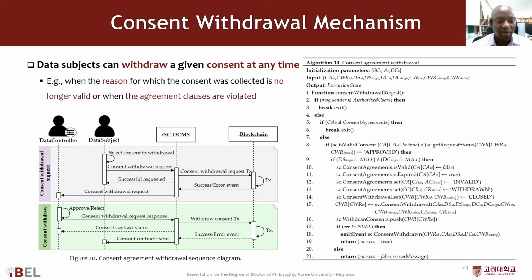First, they have to request the consent agreement withdrawal, which needs to be approved and executed by the data controller as shown in the figure. The algorithm describes in detail all the steps required for withdrawing a consent.